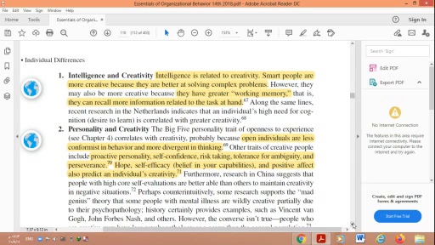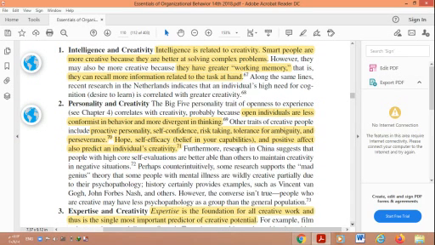The second one is personality and creativity. Once we talk about the big five personality traits, openness to experience correlates with creativity, probably because open individuals are less conformist in behavior and more divergent in thinking.